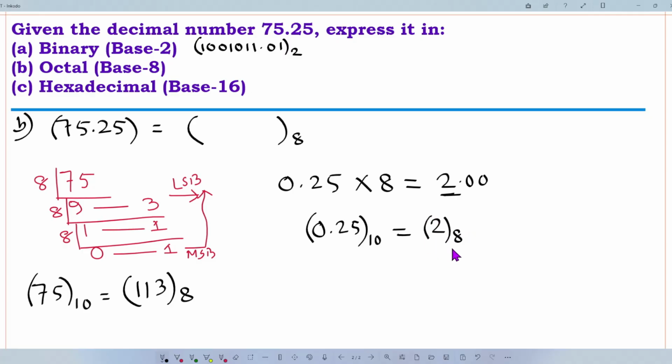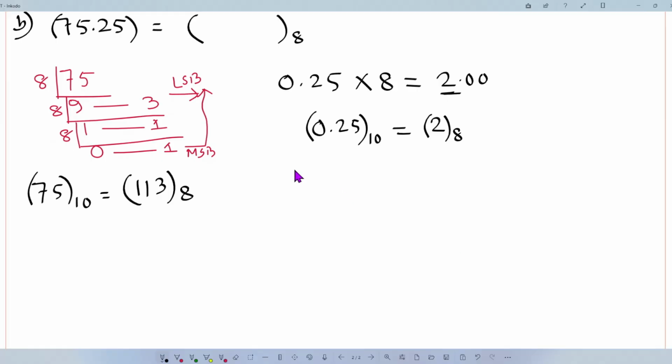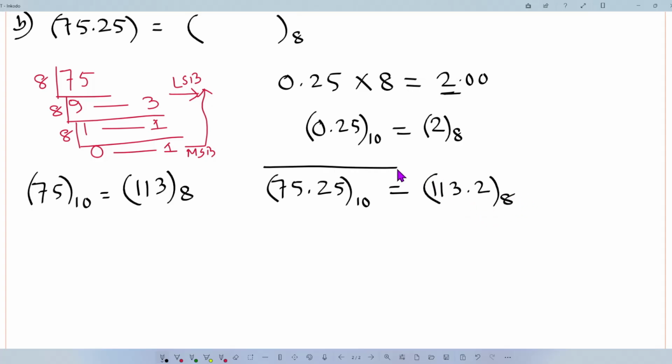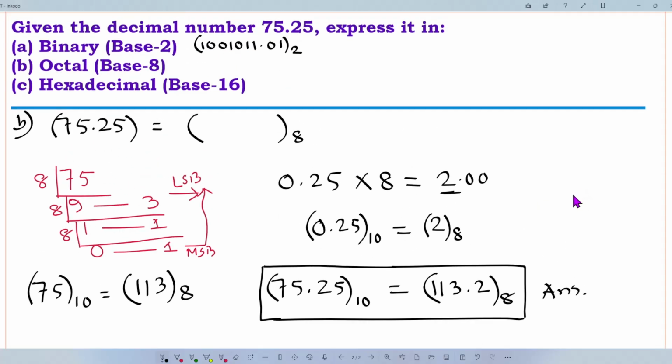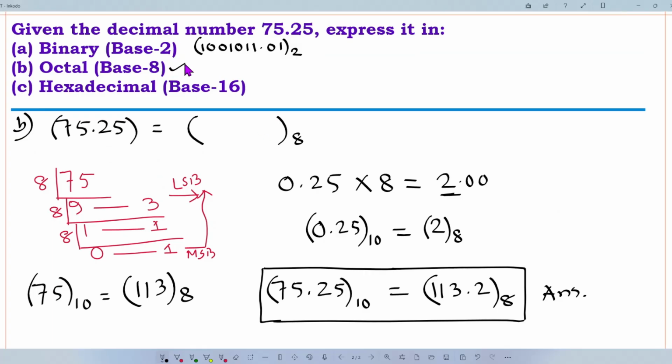So once we combine 75.25 decimal, we will get 113.2. This is an octal. Very simple. Okay, this is our answer. So number B done, and we get 113.2.